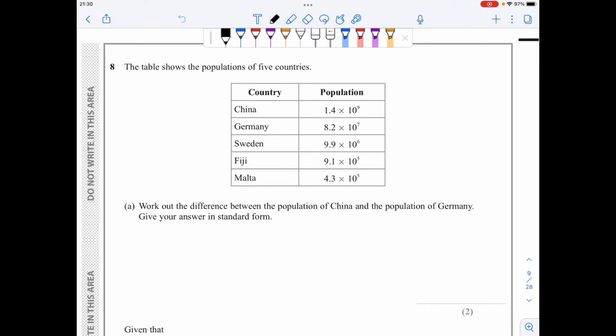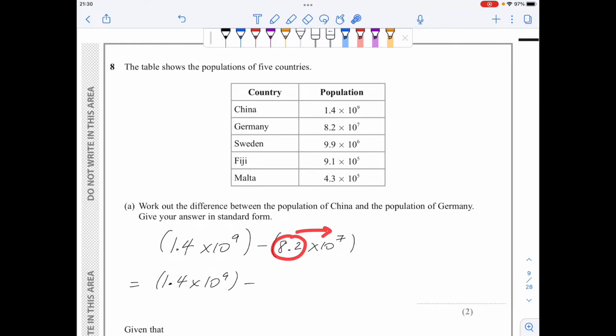In part A of question 8, I'll just subtract 1.4 times 10 to the power of 9 minus 8.2 times 10 to the power of 7. Now you can put this on the calculator and do it, or if you want to do this a bit manually, then I'm going to keep the first one the same, and then for the second one I'm going to remove a factor of 100 from this one and pass it on to the power of 10, so that's minus 0.082 times 10 to the 9.